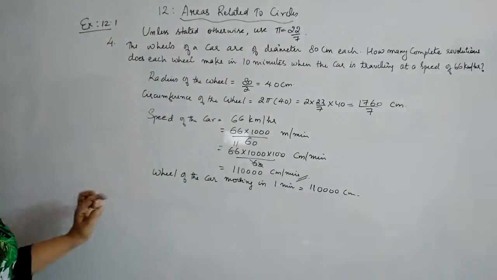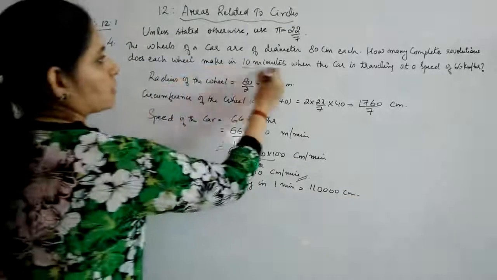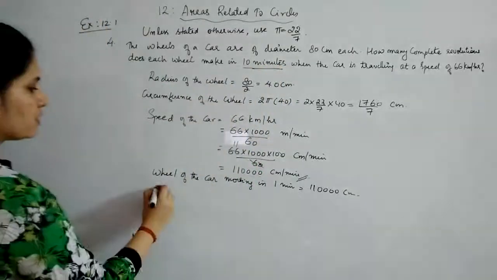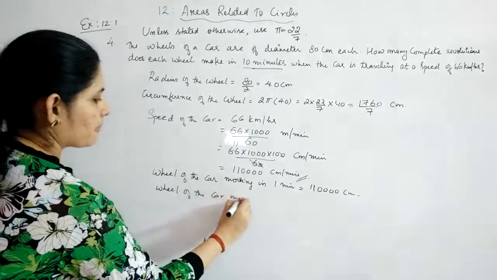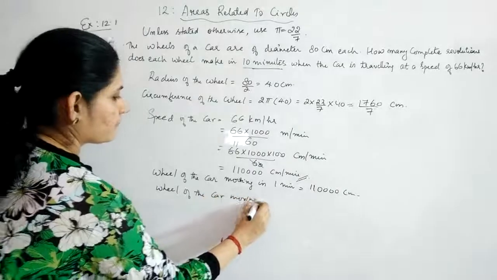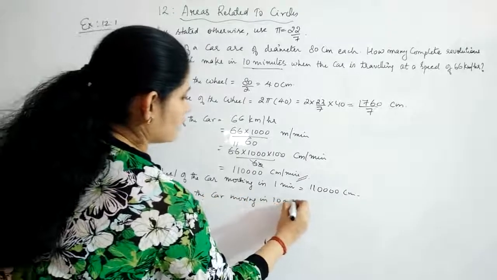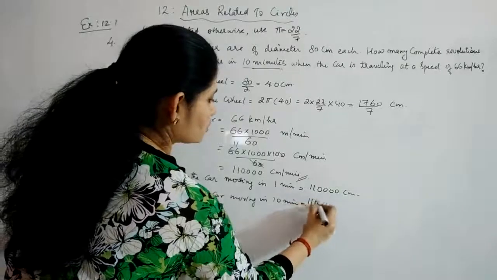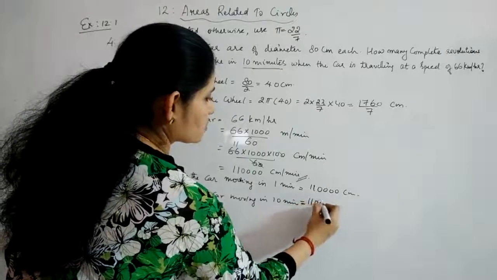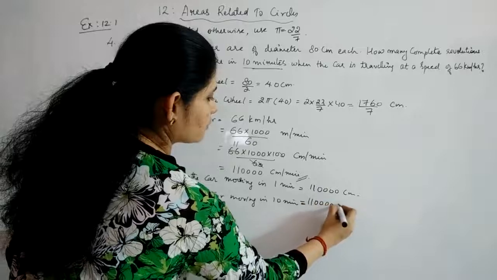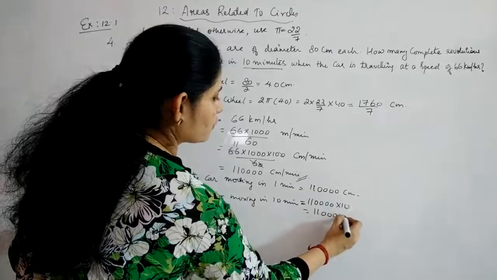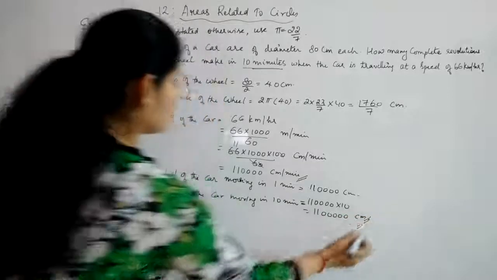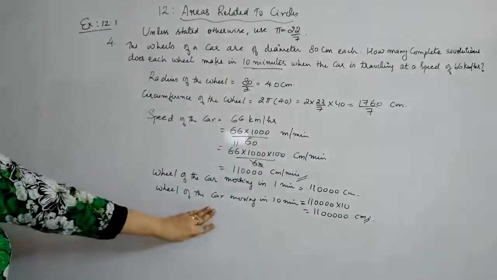Now what we have to get is for 10 minutes. So the wheel of the car moving in 10 minutes will be this into 10, which gives 1 1 0 0 0 0 0. This much distance will be traveled in 10 minutes.